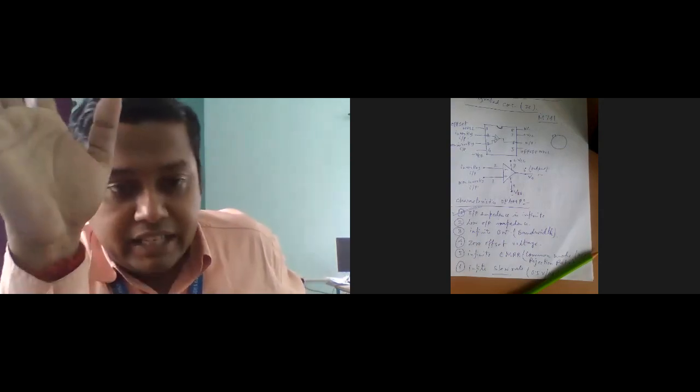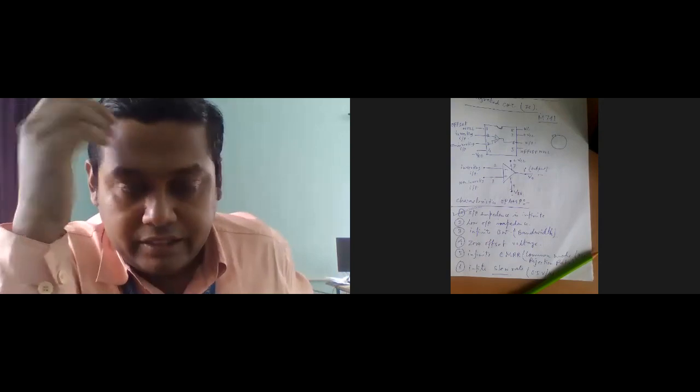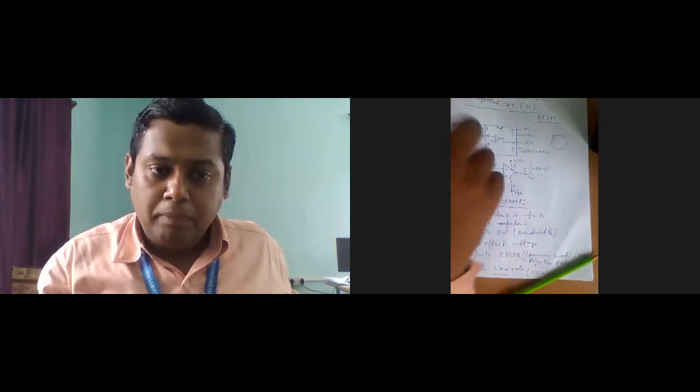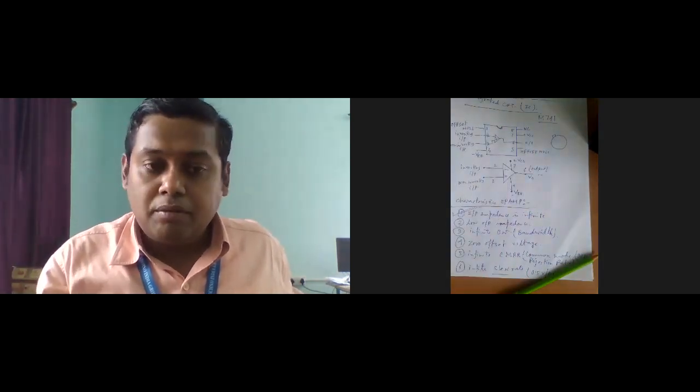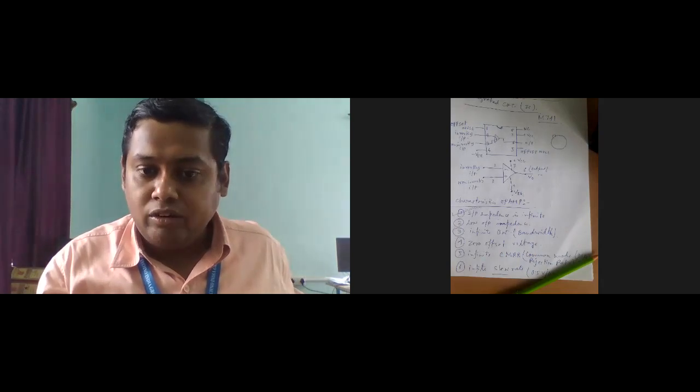We will discuss that in that class. It is one type of operational amplifier IC pin configuration, so on the basis of that, we can perform the experiment in our laboratory also.